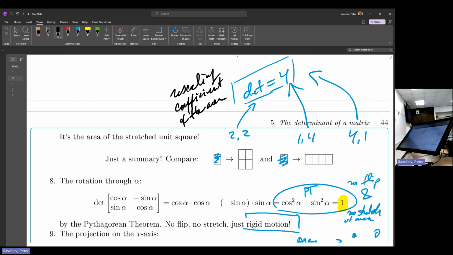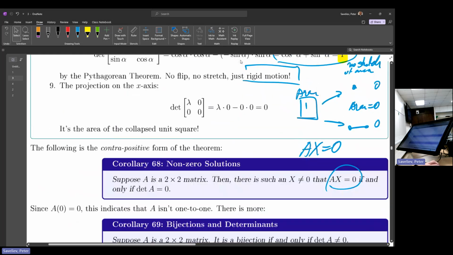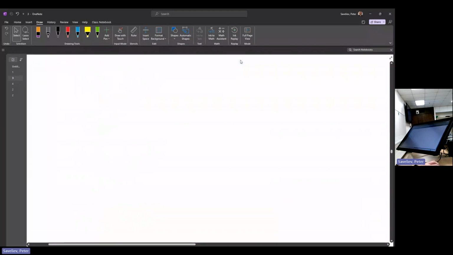So you look at the area, and naturally in dimension 3 it will be the volume, right? Whatever happens to the cube, that will be the determinant of the 3-dimensional matrix. The 3-dimensional determinant will be the scaling coefficient of the cube. And once again, if you do integration, that determinant would come up.